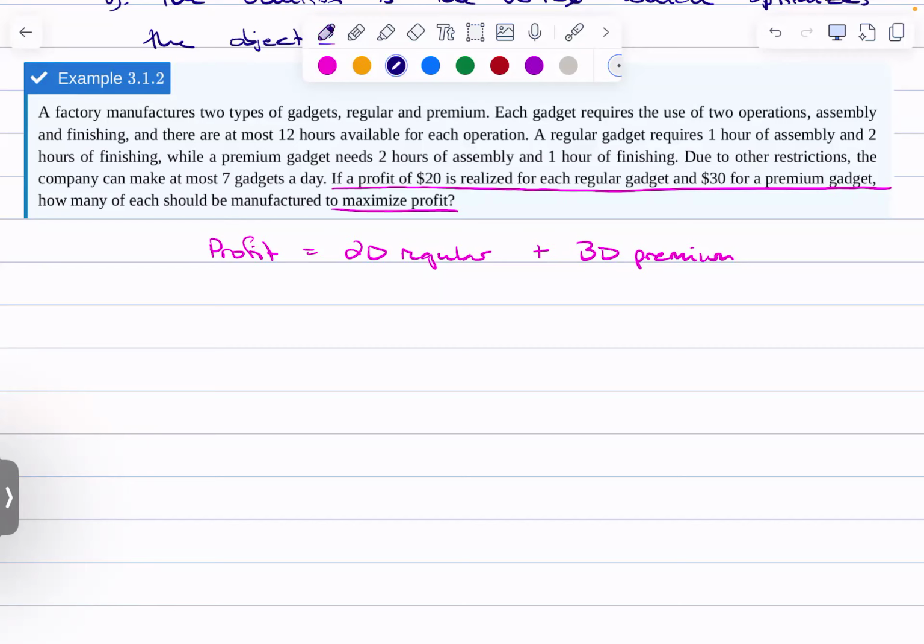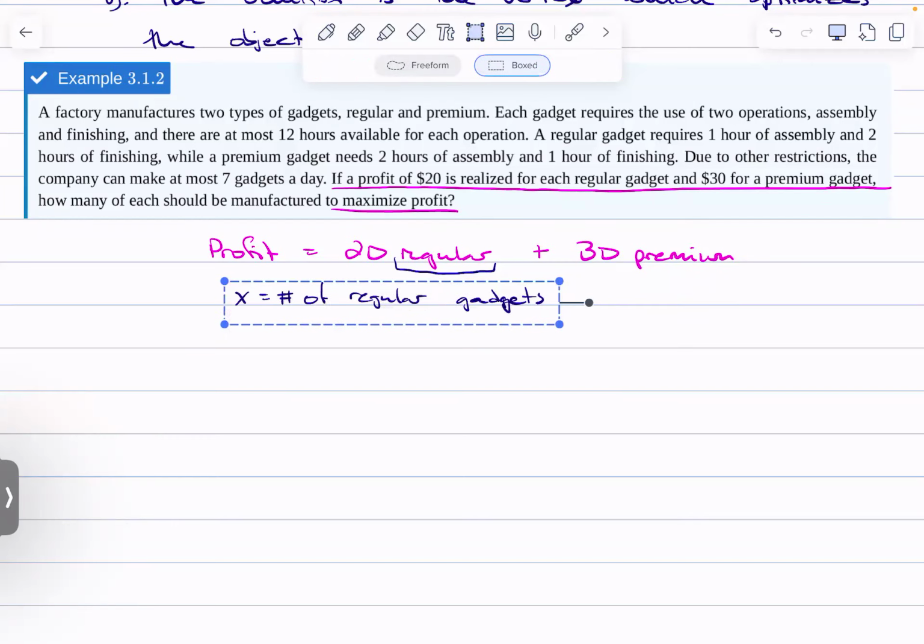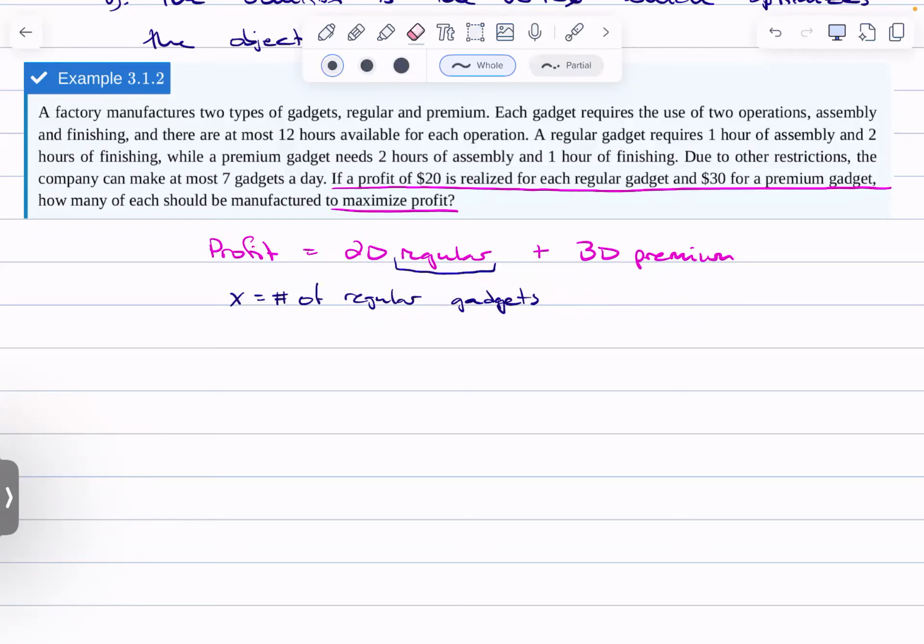Because then, what if I let X be the number of regular gadgets? Oops. I almost spelled it with a J. That'd be weird. And I'm going to let Y be the number of premium gadgets.